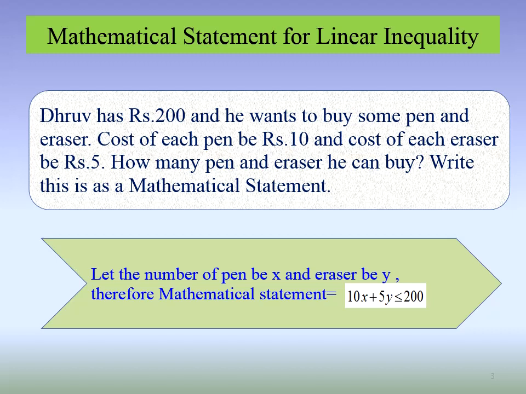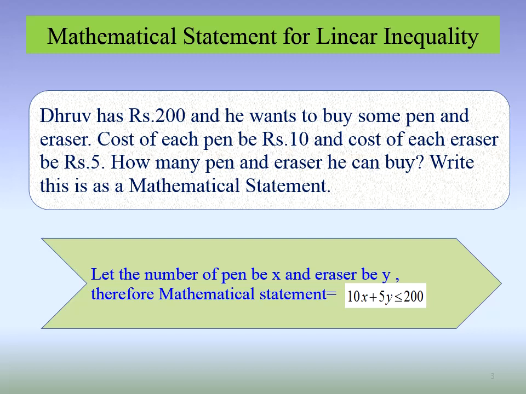How to write a mathematical statement for a linear inequality? Dhruv has rupees 200 and he wants to buy some pens and erasers. The cost of each pen is rupees 10 and the cost of each eraser is rupees 5. Now, how many pens and erasers can he buy? Write this as a mathematical statement by using a linear inequality.